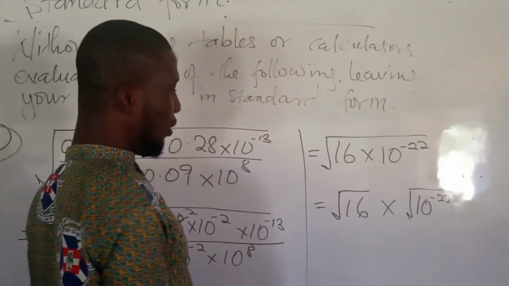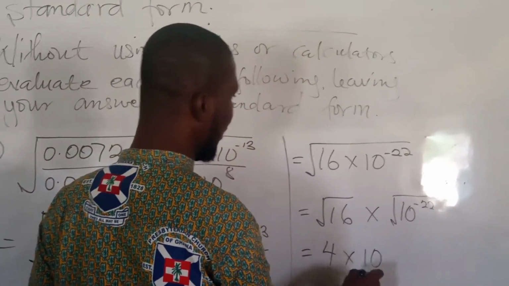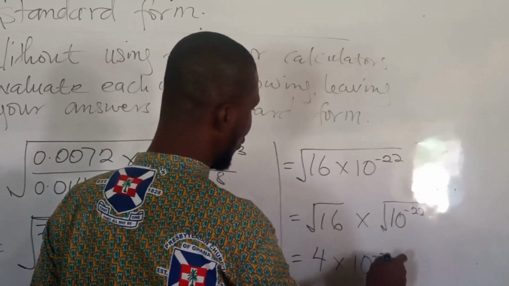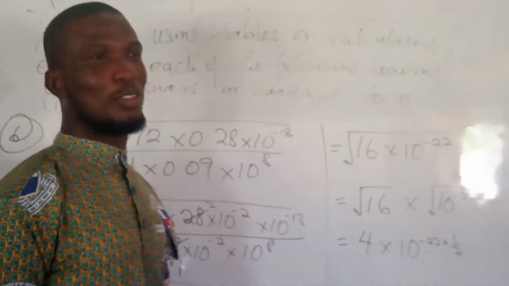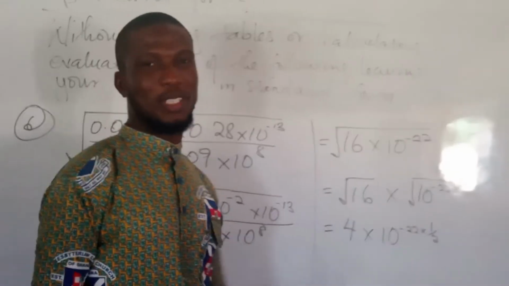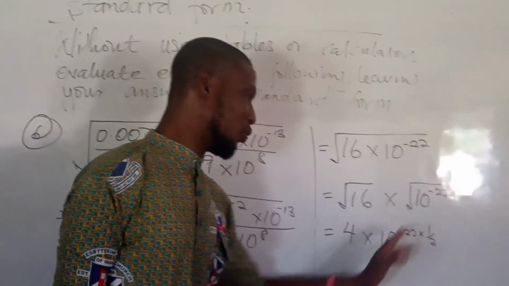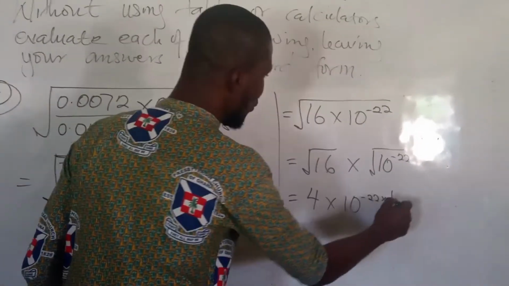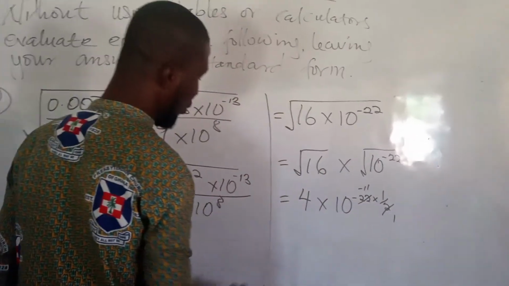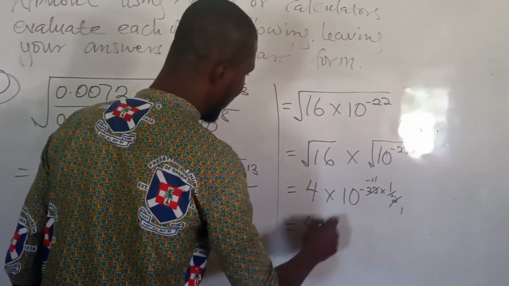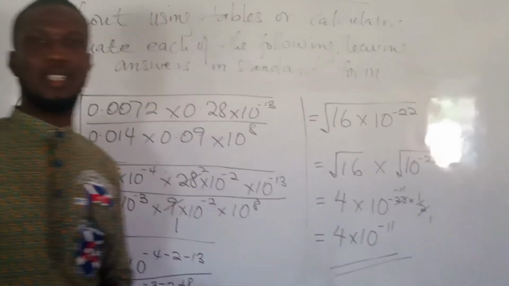So this will be the same as the square root of 16, which is 4, times 10 exponent negative 22 times 1 over 2. Remember, laws of indices: square root of a number is the same as exponent 1/2. So this is standing for the square root. This goes here once, goes here negative 11 times. So our final answer will be 4 times 10 exponent negative 11.